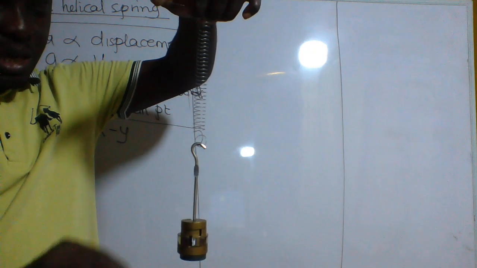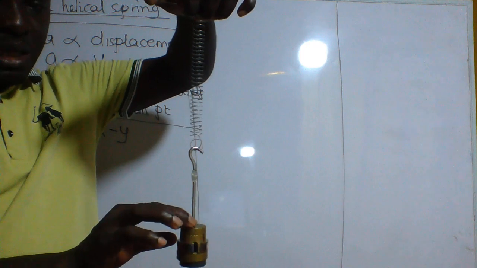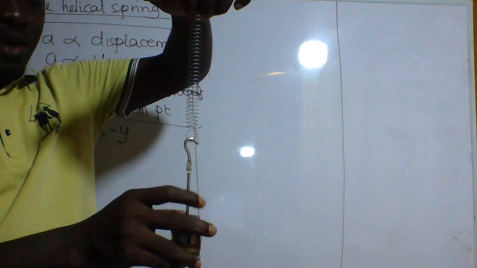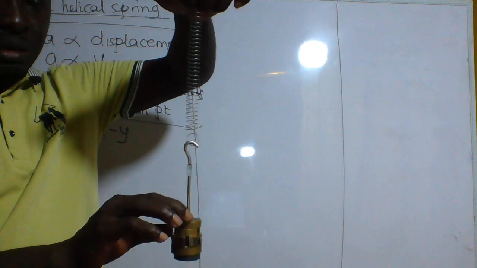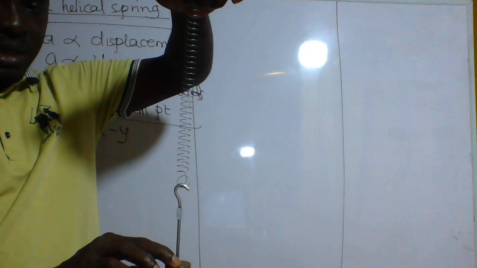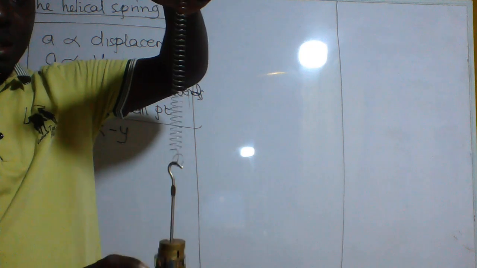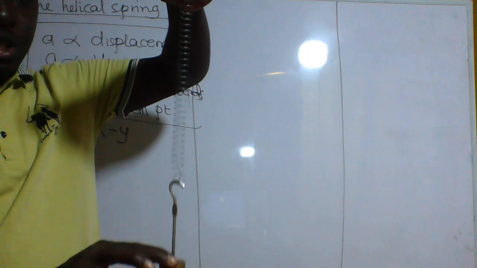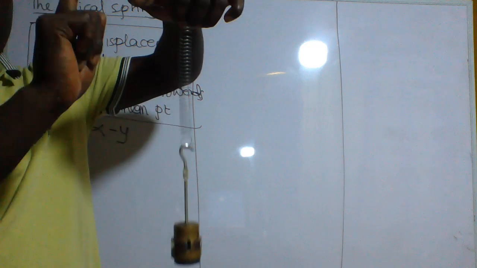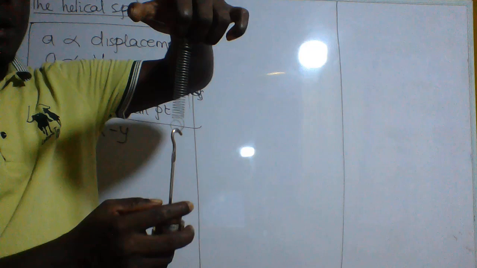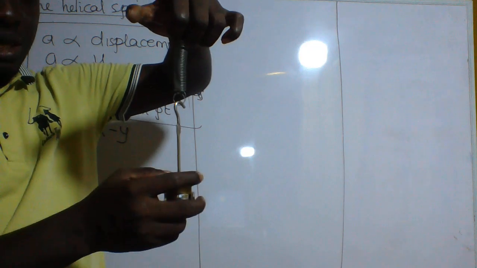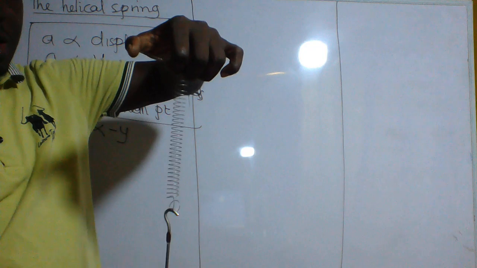Okay, and then here we are saying that for SHM, the acceleration is always directly proportional to the displacement. If I displace it by stretching and leave it, the displacement is in the downwards direction, and if I leave it, the object will always accelerate opposite to the direction of displacement. So you displace this way and you leave it, it will accelerate in the opposite direction. If you displace it by compression and you leave it, here the displacement is upwards.